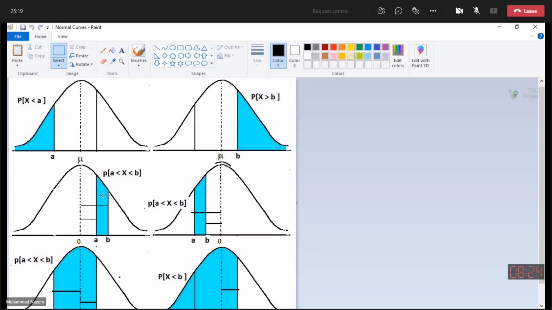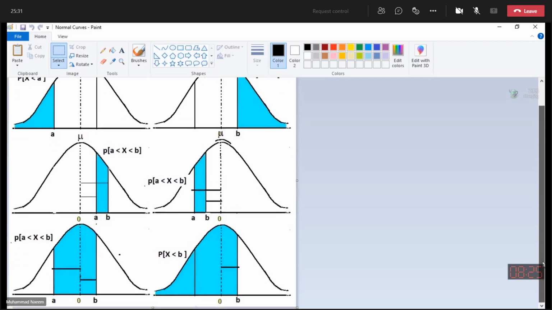Sometimes this A and B gives an area in the form of a strip, and sometimes this strip is in the left half, and sometimes this area under the curve is of this form when one point is in left half and other point is in right half.